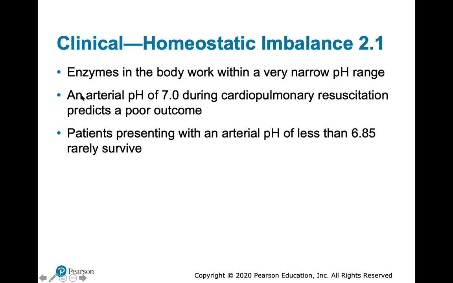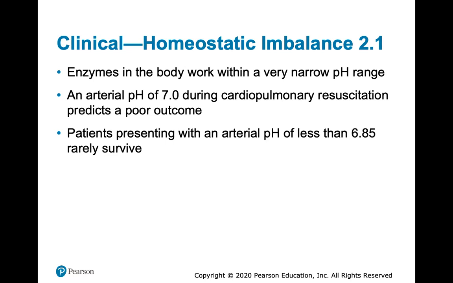For example, an arterial pH of 7.0 during cardiopulmonary resuscitation will predict a poor outcome because the enzyme isn't able to work. Patients presenting with an arterial pH of less than 6.85 will rarely survive.